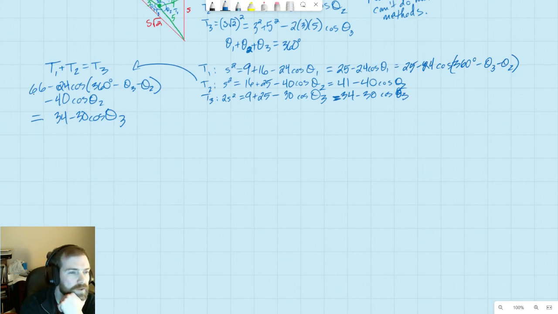Okay, if we subtract 34 from both sides, this is going to be 32. Then equal to, no, 32 minus 24, parentheses. So we're going to break this down.